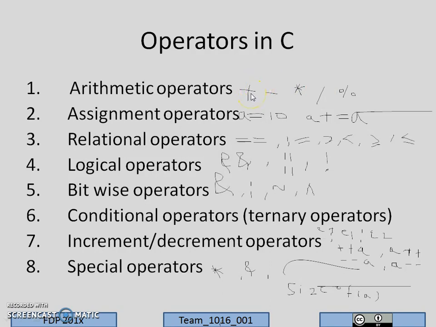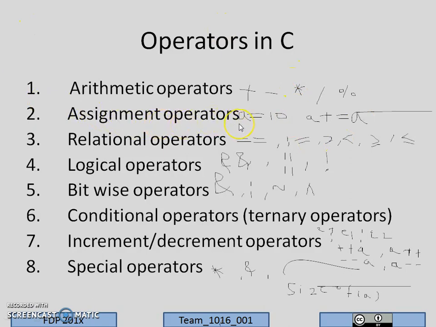Addition gives a sum, subtraction gives the difference between two operands, multiplication is done by the multiplication operator, division we get by the division operator, and the modulo operator is used when we are dividing two variables. The remainder portion is obtained as a result with the modulo operator.